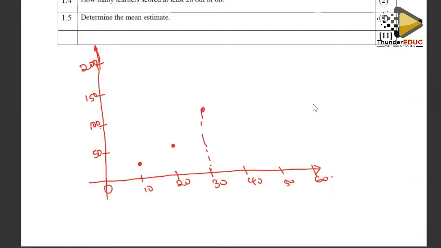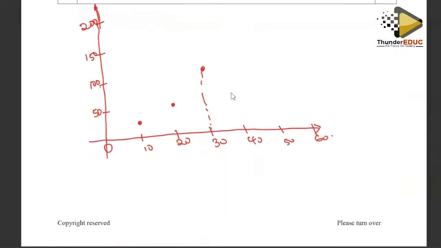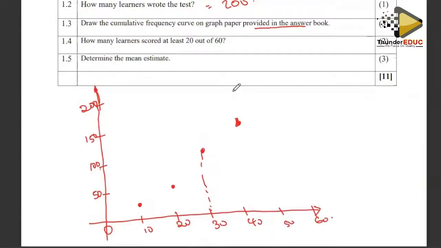And then 40 is gonna go with a 170. 170 is just slightly close to halfway the mark. Why does it look like it's gonna be a straight line? Then 50 is going with 190, and then 60 becomes the 200.